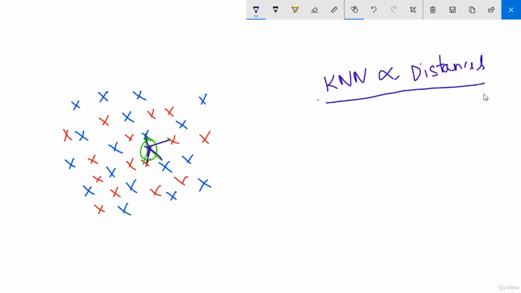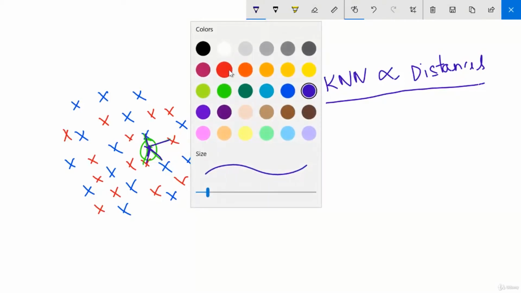Now I want to show you a very simple example. Before that, I want to tell you one thing, which is obvious, but again I want to tell you.